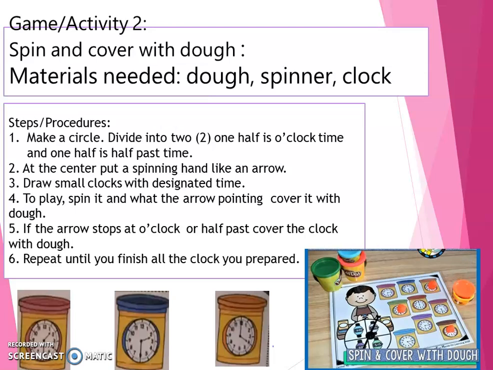Let's say the arrow pointed at o'clock, so you need to cover the clock with an o'clock time. Or if the arrow is pointing at half-past time, you need to cover a half-past time clock.